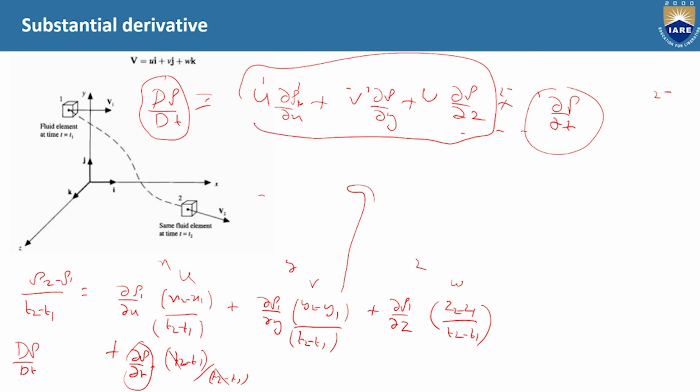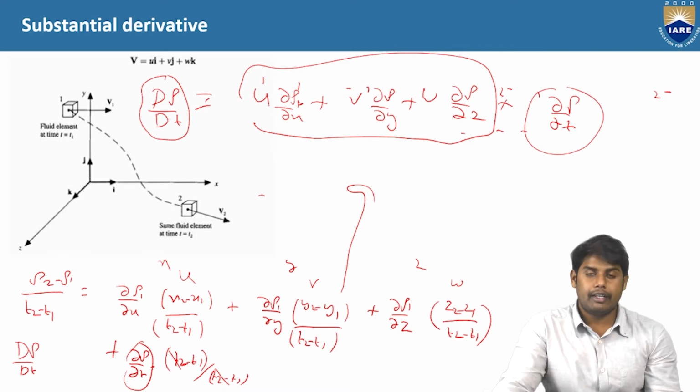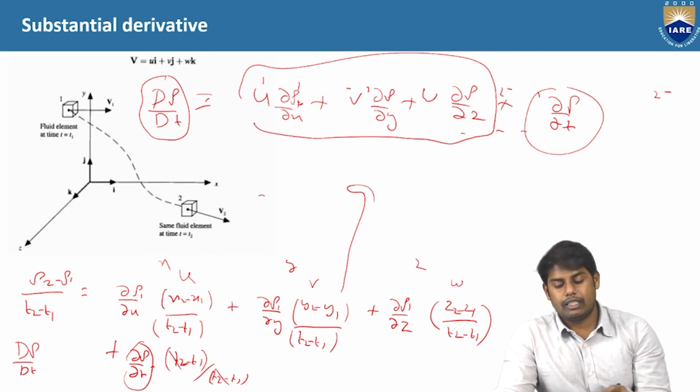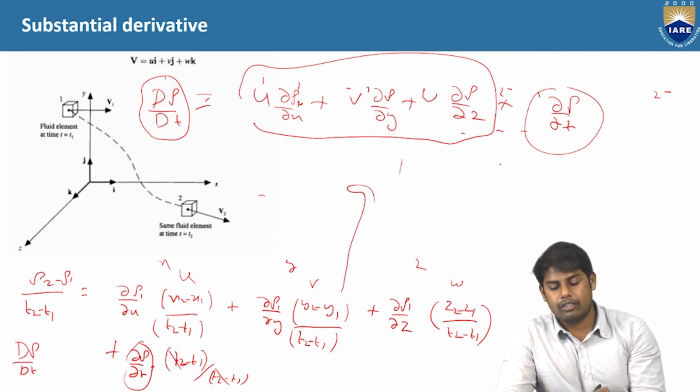Okay, so we will change this into vector notation, but here you can see that we have written it in scalar form, in expanded form. Here you have two terms, let's say first and second.